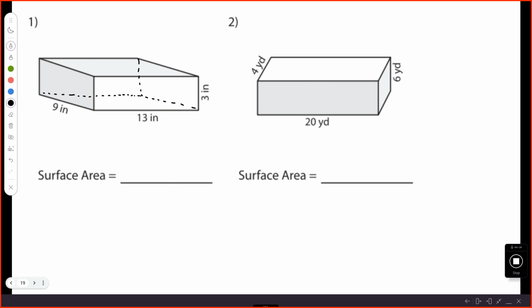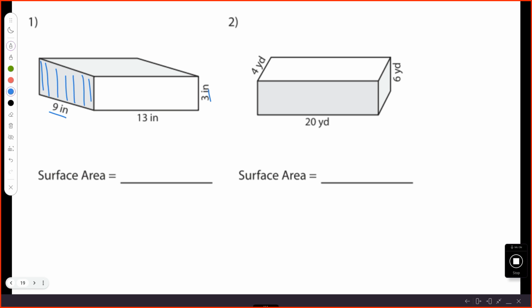We can use our net as on our notes, but if we know that there are 6 sides, then even though we can't see them, we can still figure it out if we have 3 numbers, all right? So let's do the same thing we did the last time. Let's go ahead and find the area of this one. And we know that that's 9 times 3.